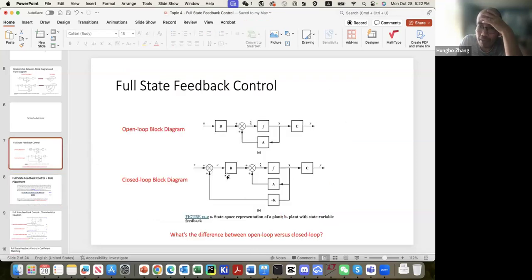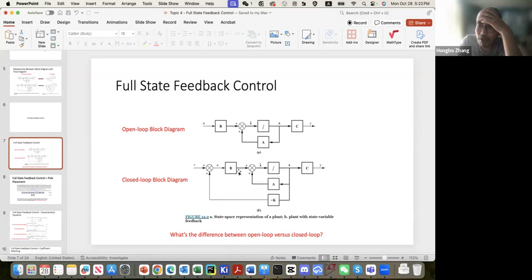Based on this diagram, this is B and the U. U is, for example, the motor input, such as the torque or the speed. U is R minus Kx, correct? R minus Kx is equal to U, which is the motor input.